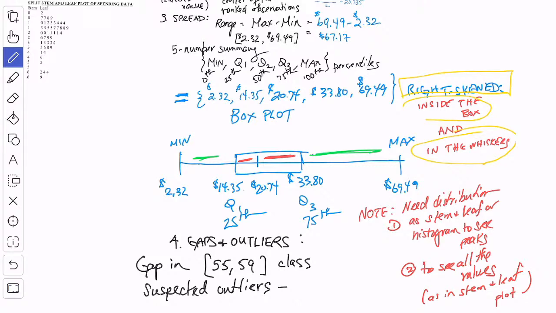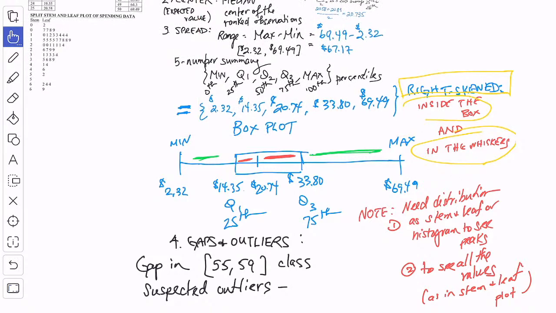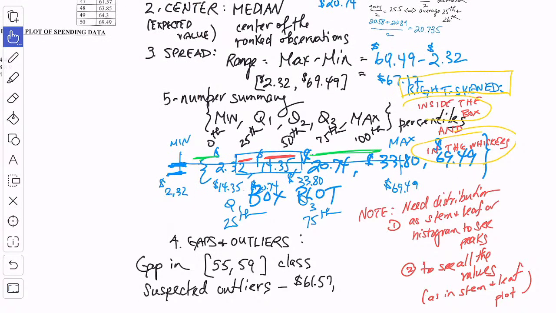I see 61.57, 63.85, 64.30, and 69.49. So these are suspected.